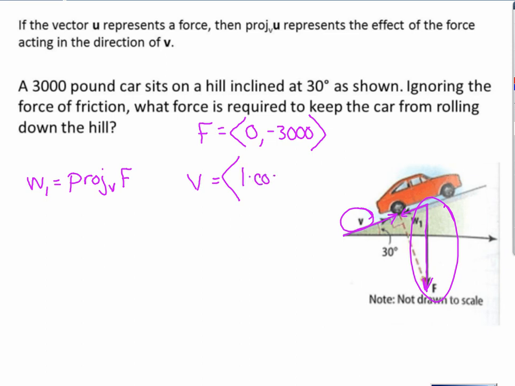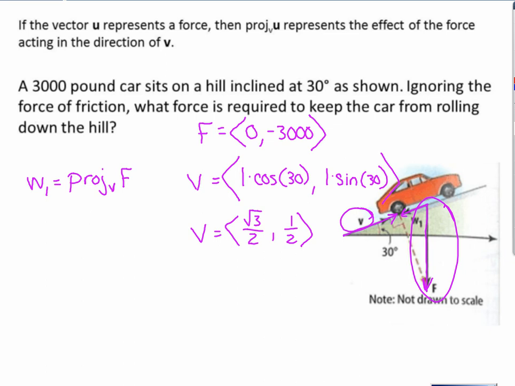So I'm going to do 1 times the cosine of 30. The y value, remember, y goes with sine. Again, our unit vector has a length of 1, so it would be 1 times the sine of 30. So our vector v is going to have the components radical 3 over 2 and 1/2.